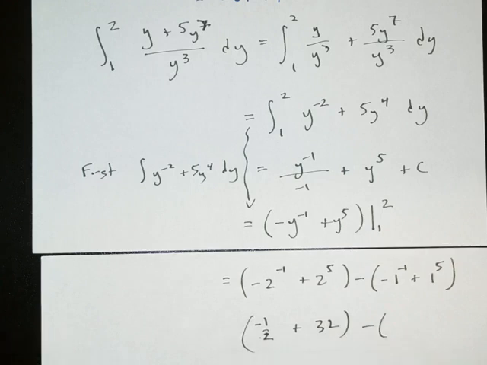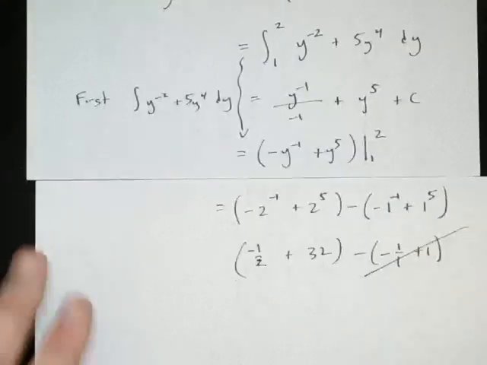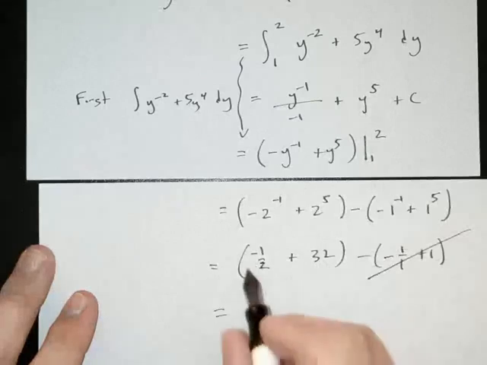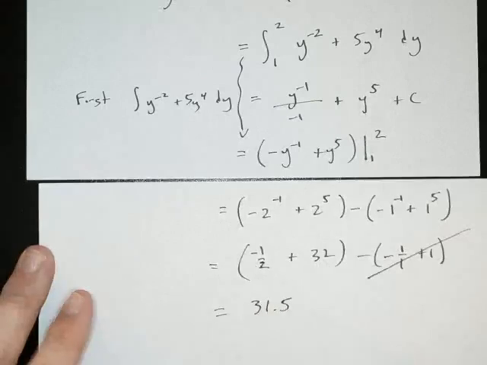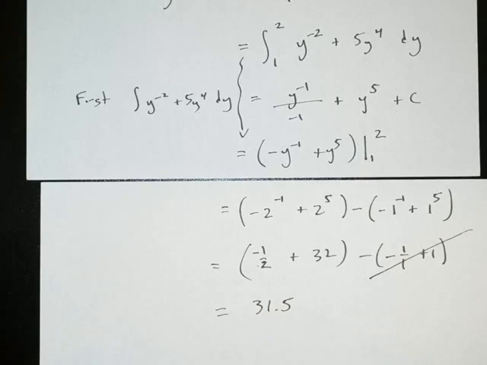Minus 1 to the negative 1, that'd be 1 over 1 with a minus in front of it. And then 1 to the 5th power is 1. Wait a minute, -1 plus 1. That cancels. How convenient. So I get 32 minus a half, or 31.5.